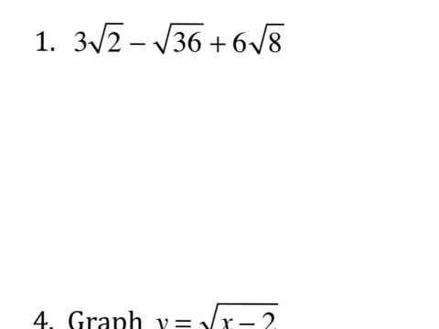But we know that the square root of 36 is 6, so we can rewrite that as 6. And then 6 root 8 can be further simplified.